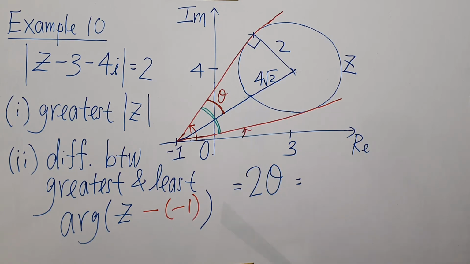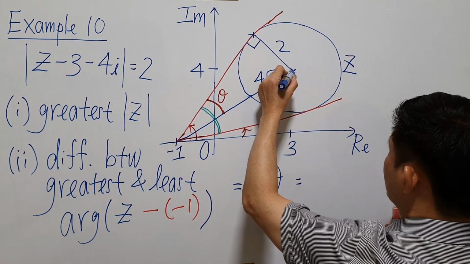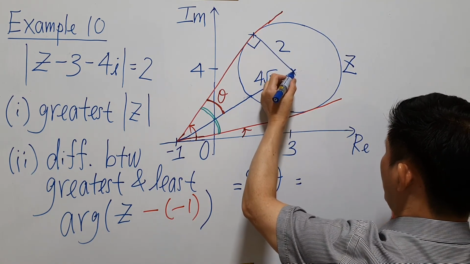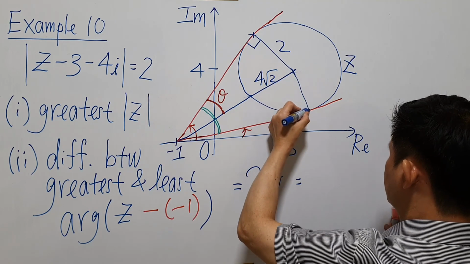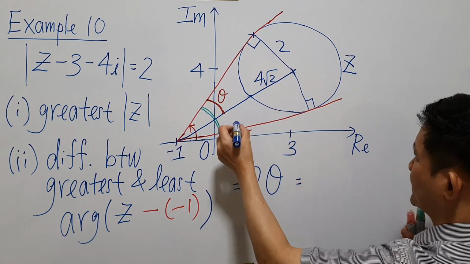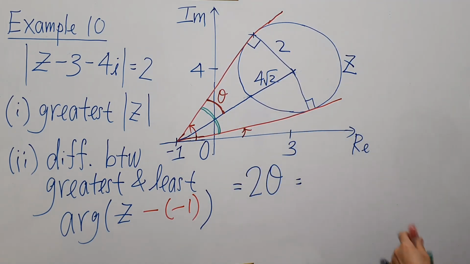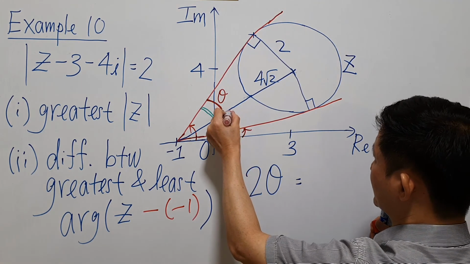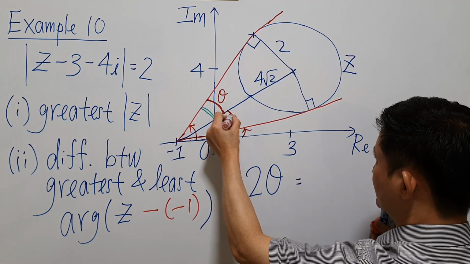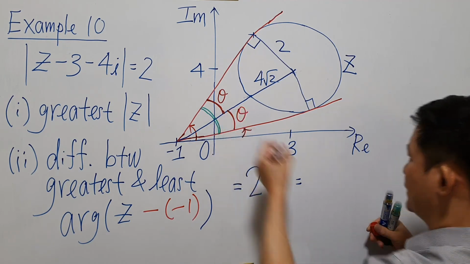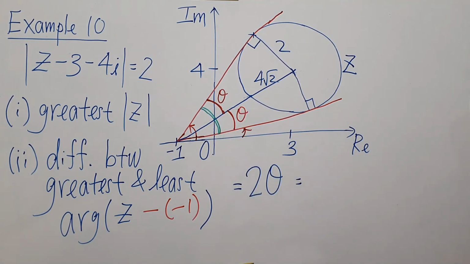For completeness' sake, let me produce it here again. This is another angle theta. So the green angle is just 2 times theta.